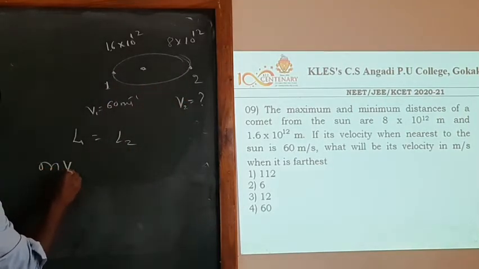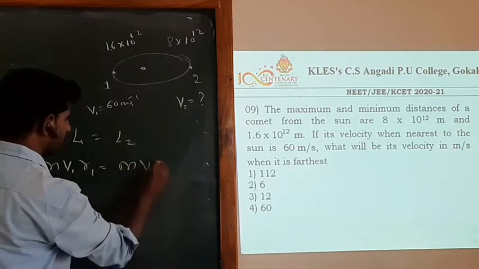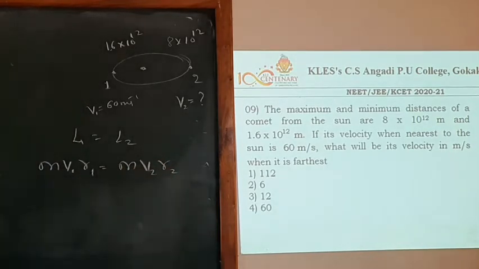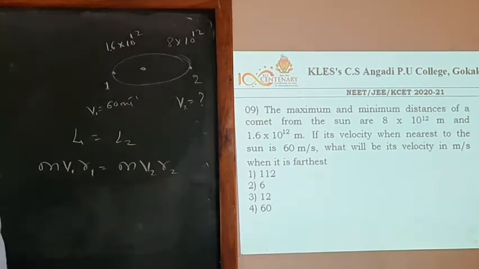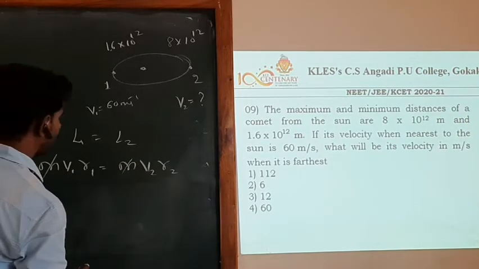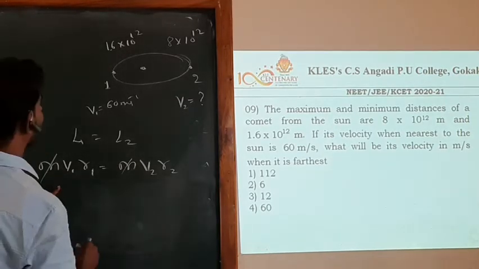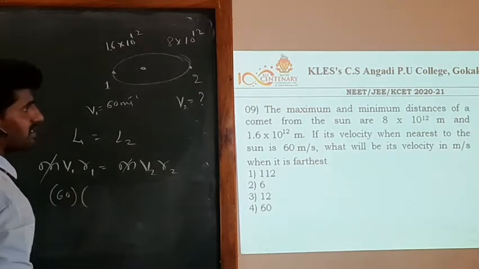So m into v1 r1 is equal to m v2 r2, as the mass doesn't vary. What is r here? r is the distance from the sun. Okay, m cancels, so v1 r1 equals v2 r2. What's the v1 value? For the first it is 60. And what is the r1?